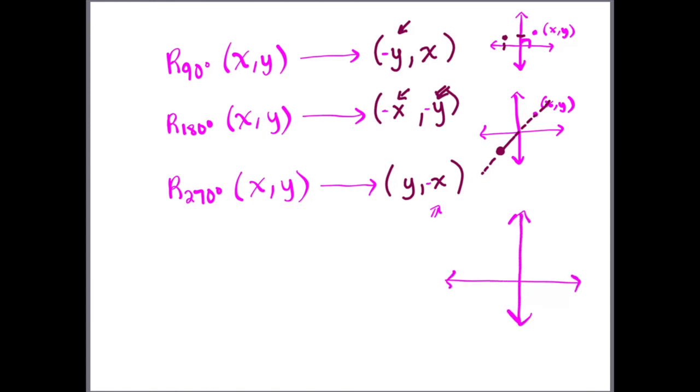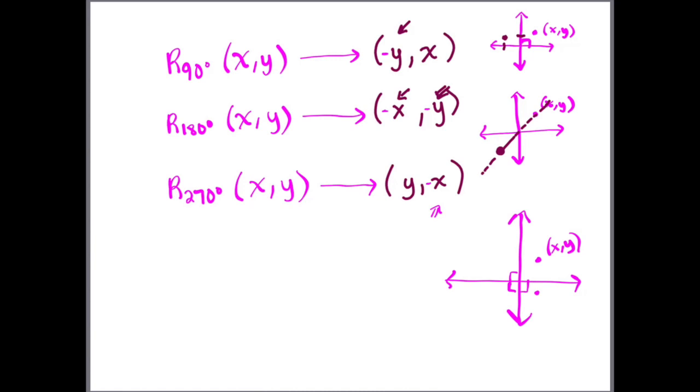If this is my x and y axes, my starting point was somewhere here, x comma y. If I rotate this point 90, 180, 270, I end up somewhere in that fourth quadrant.